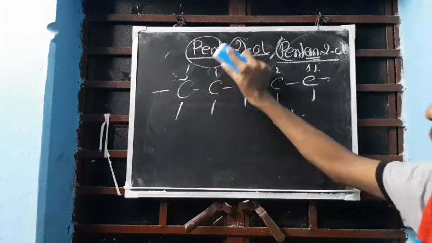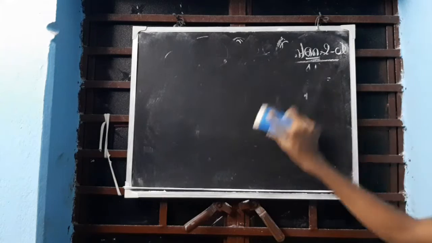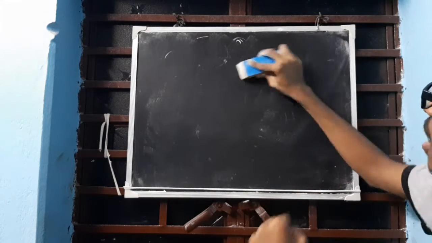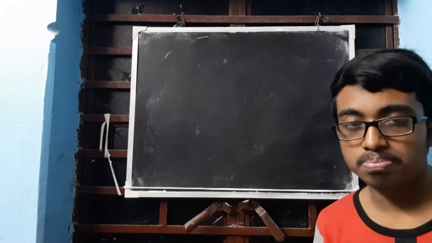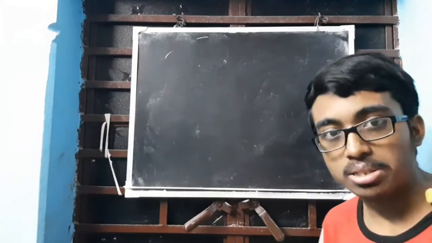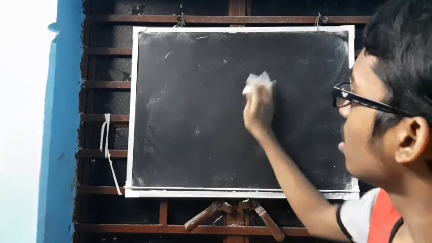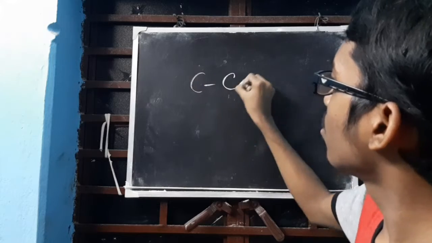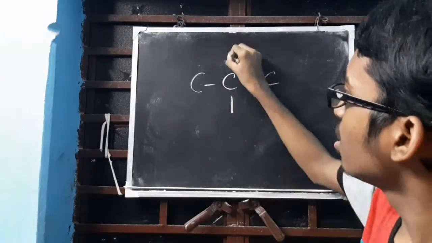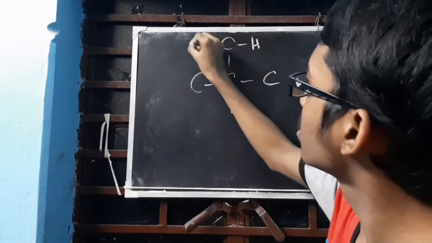Now, how to get a name from a given structure, the vice versa. Suppose I give you a structure. You have drawn neopentane already. So neopentane was like this.